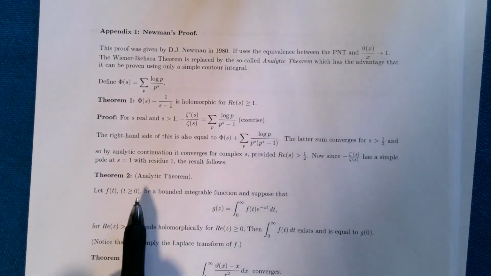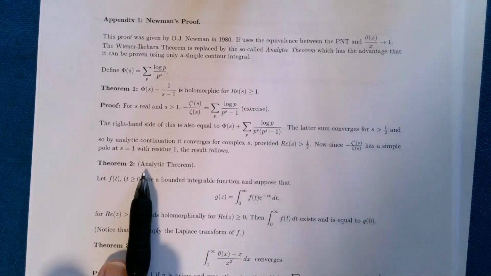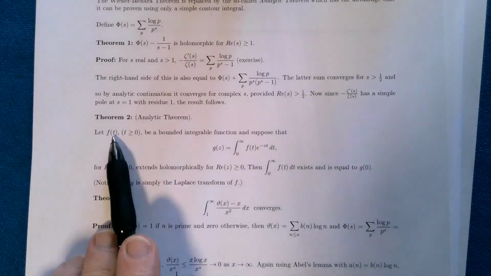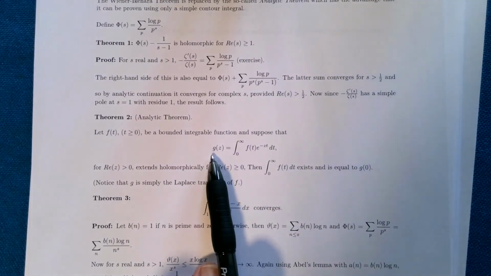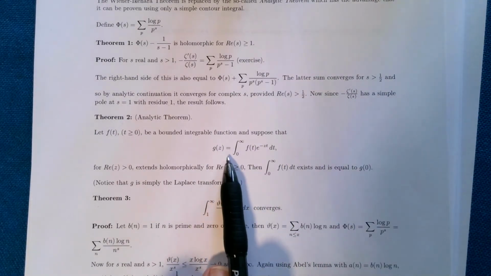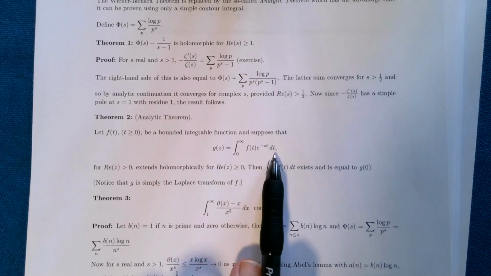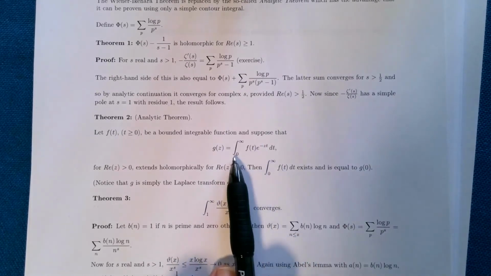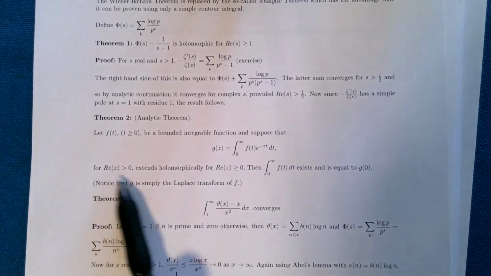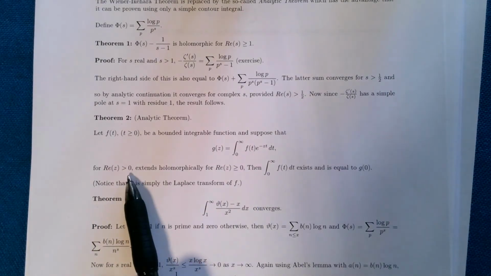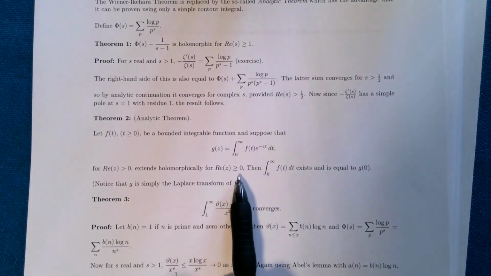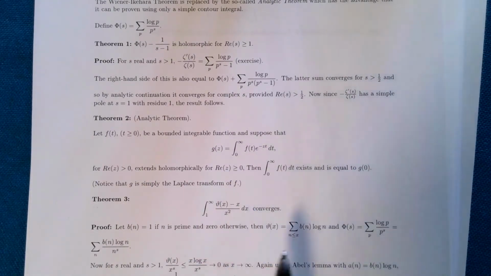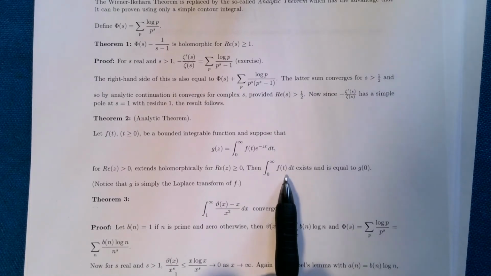he used this one in place of the Wiener-Ikehara theorem. It says that if f of t is a bounded integrable function, and we look at this transform here, g of z is the integral of f of t e to the minus zt dt from 0 to infinity, for the real part of z bigger than 0, then if that extends holomorphically for the real part of z bigger than 0, then this improper integral converges and is equal to g of 0.